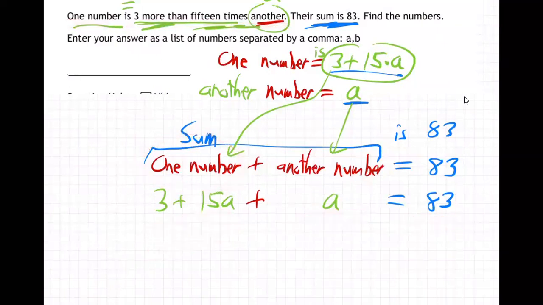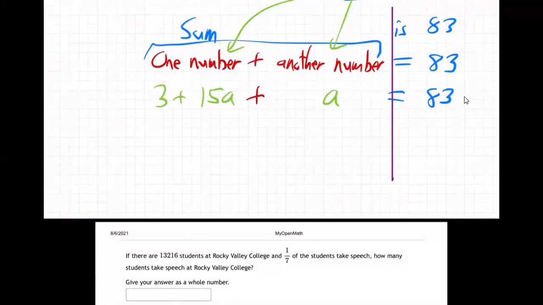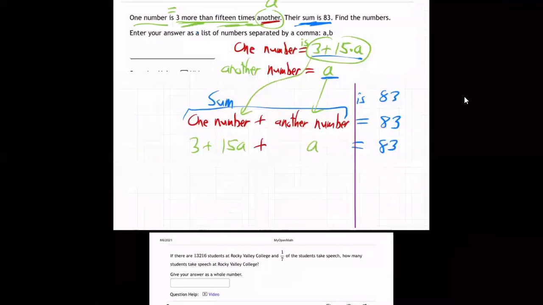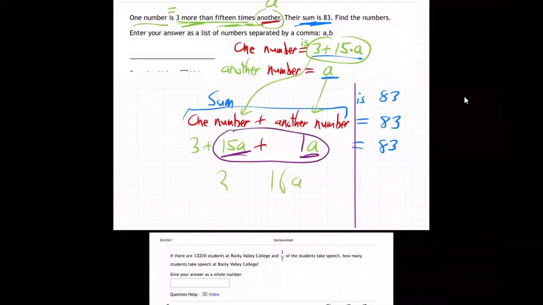Okay, so let's solve it now. So there's our equation. Now it's time to solve this thing. How do we solve it? Well, 15A and 1A are going to combine. They're going to make 16A, aren't they?